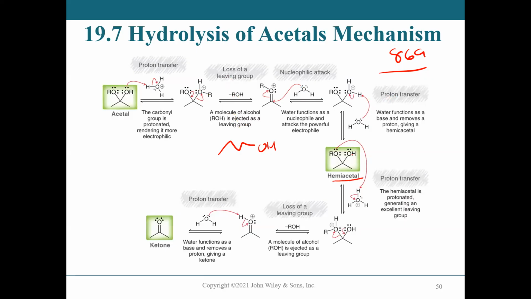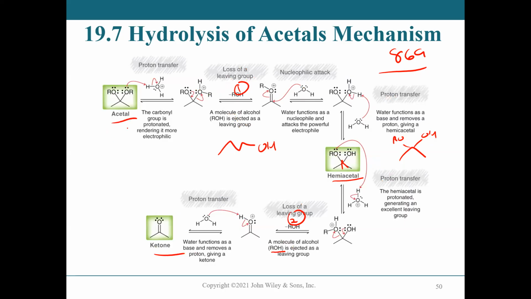Now we have this hemiacetal. The hemiacetal is just this RO group with this OH group right here. And this is called your hemiacetal. Then the other OR group right here is going to have a proton transfer, so it's going to become a good leaving group. So we get our second alcohol group gone right here; our first alcohol group was gone here. We have another proton transfer, and then we finally generate our ketone.